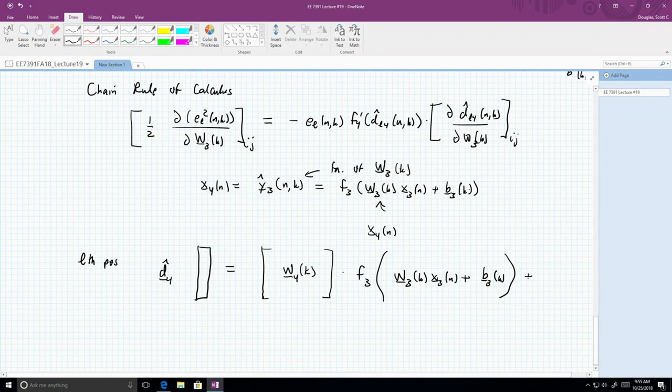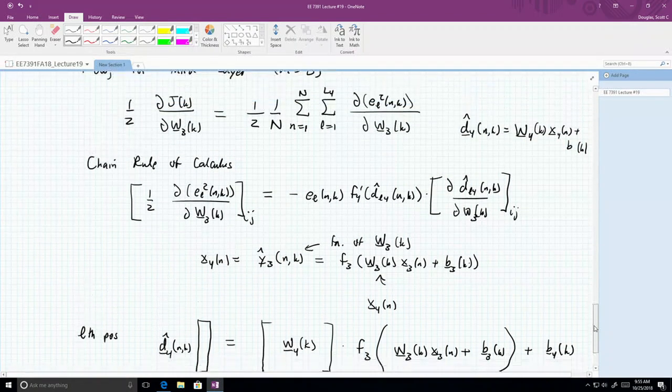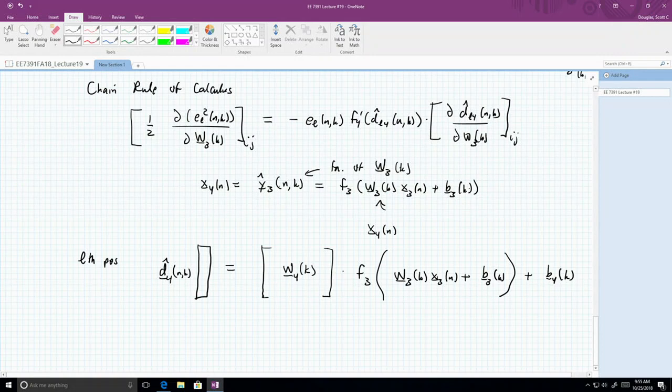And of course I have plus B4 of K over here too. I'm not going to worry about that right now. And this is NK. So now I have everything I need, right? This is W4, I have the nonlinearity, it all matches up. That's my D4 defined, that's my X4, Y3.